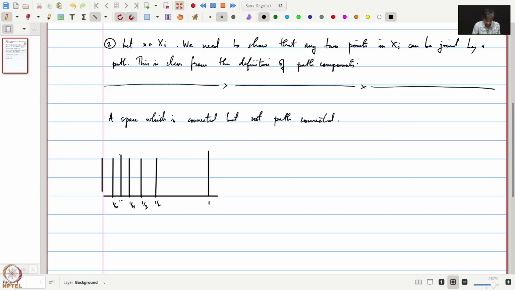And we remove the origin. So let us just look at what the space C is. C is a subset of R2, and it consists of points (1 by n, y). So in the x coordinate we have 1 by n, and y, where n is a natural number and y is in the interval [0, 1]. So this will contain all these lines.